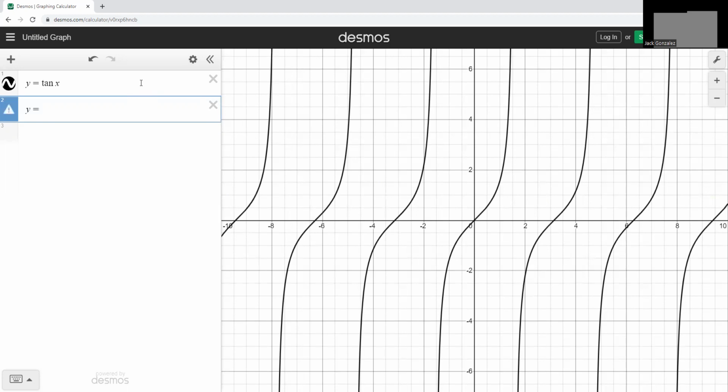Let me show you. Oh, so this is the same graph, right? Because that's the definition of tangent. You're just dividing the sine and cosine, which means we have potential for division by 0.